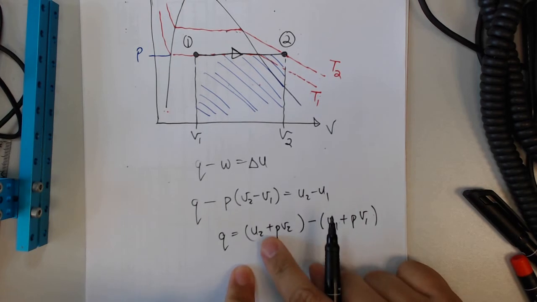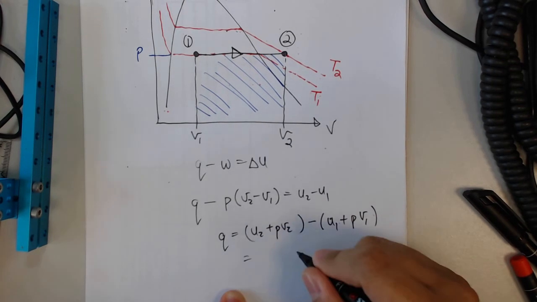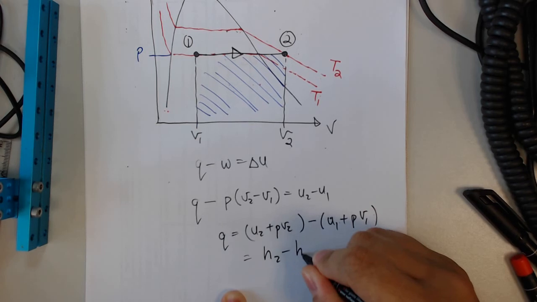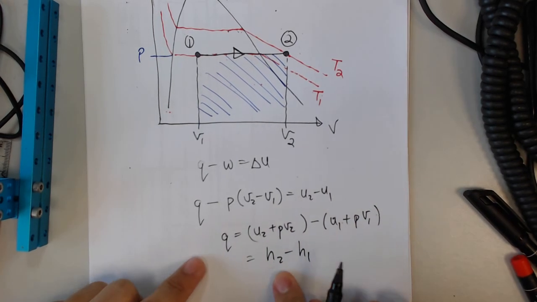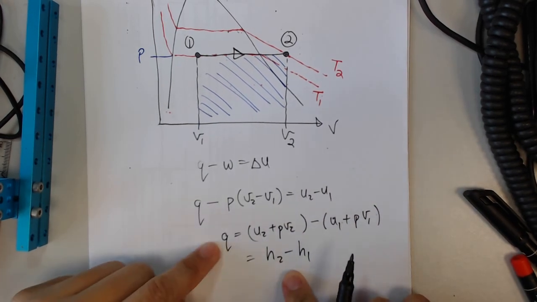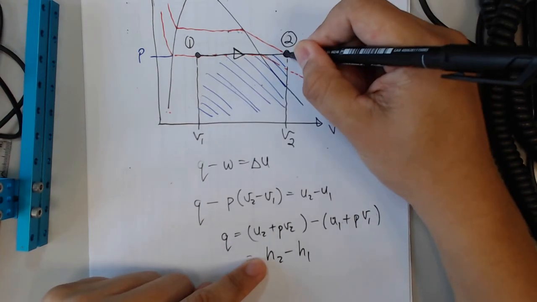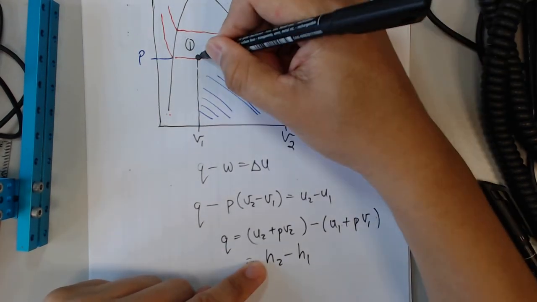In fact, U plus PV is your specific enthalpy, H2 minus H1. So this is how you will find your heat gain or heat change, by taking the enthalpy at state 2 minus the enthalpy at state 1.